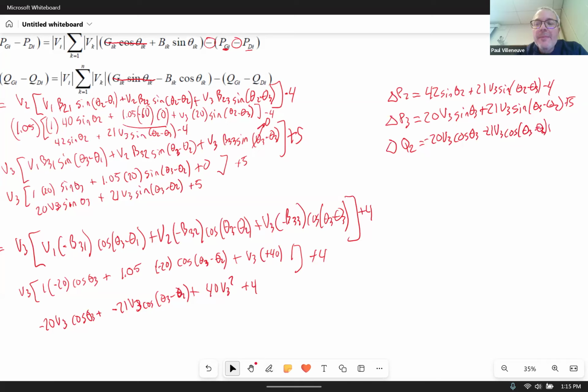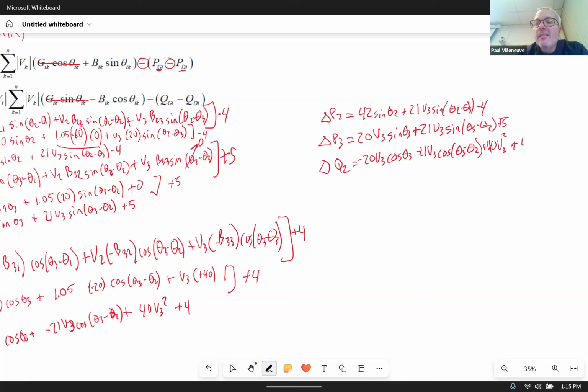And then plus, I better clean this up because once I start taking partial derivatives, I won't be able to make it out. Plus 40 V3 squared plus 4. Those are my three equations.